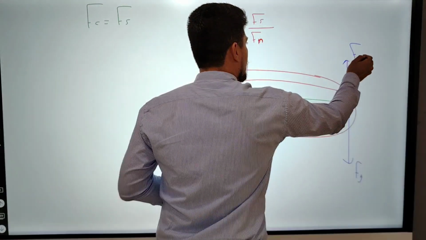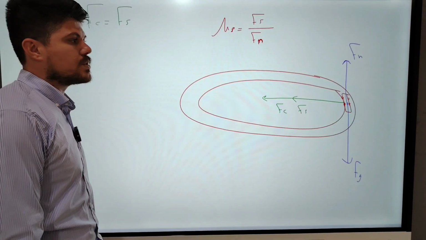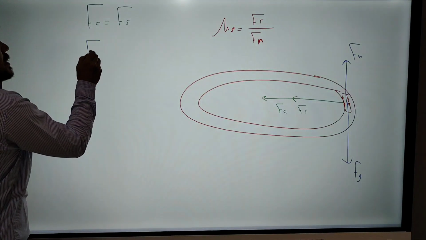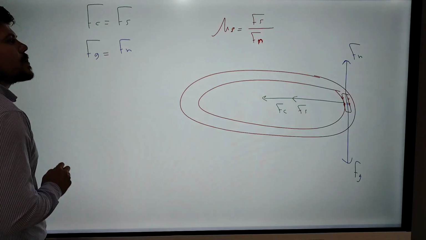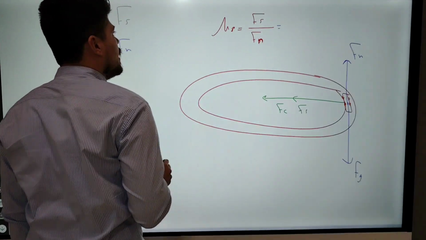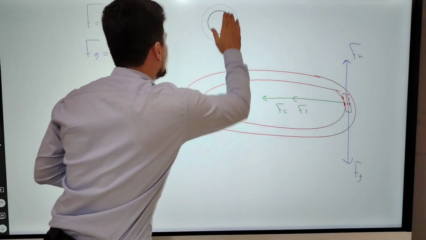Gravitational force, and also we have a normal force to keep the car on the road. Okay? So in that case, Fg is equal to what? Is equal to Fn. By substituting into this equation, let me write down this equation here.